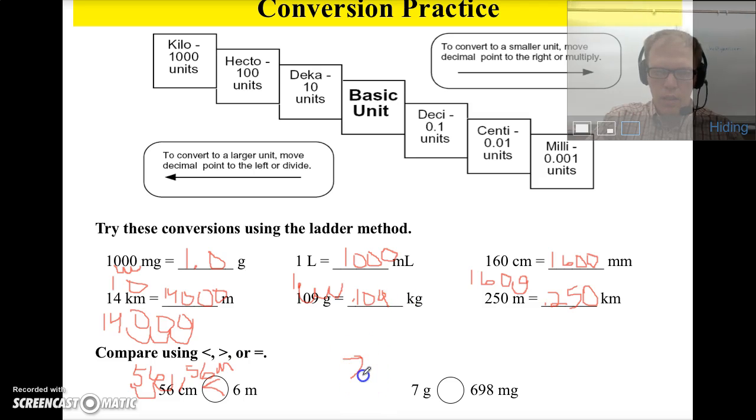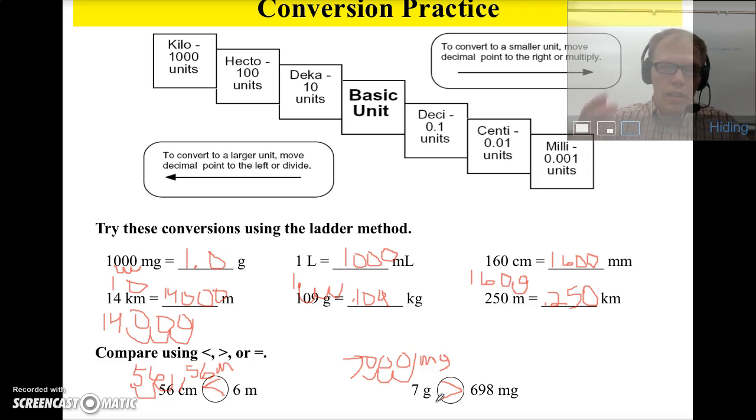So 7. 1, 2, 3 to the right, 0, 0, 0. And so is 7,000 milligrams greater than 698 milligrams? Yes, it is. Alligator eats the 7 grams right there.